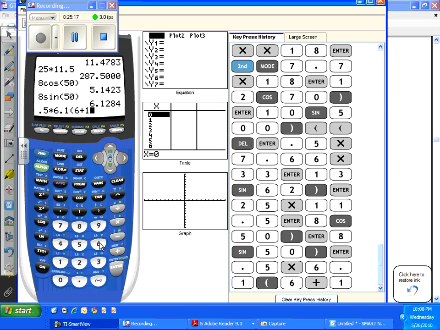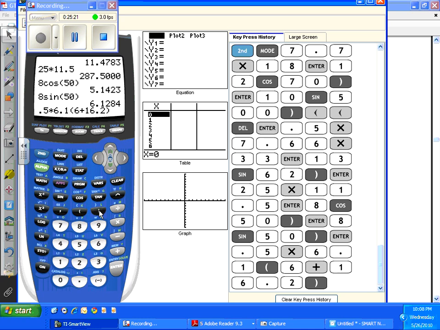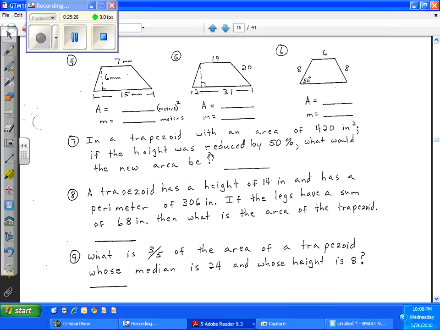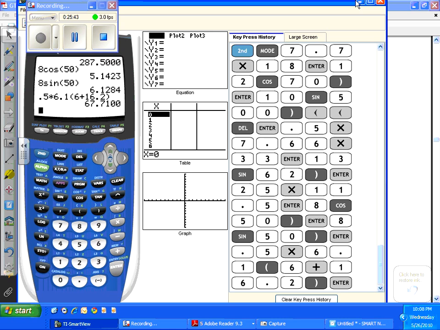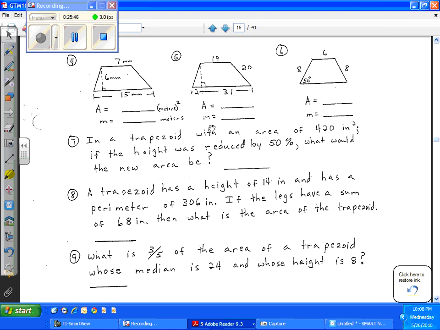Okay. Enter. 67.71, or thereabouts. Okay. Double check that. 67.71. Yes. All right.